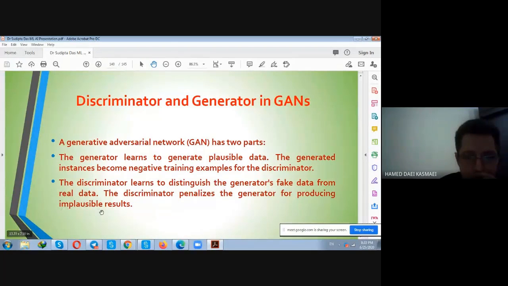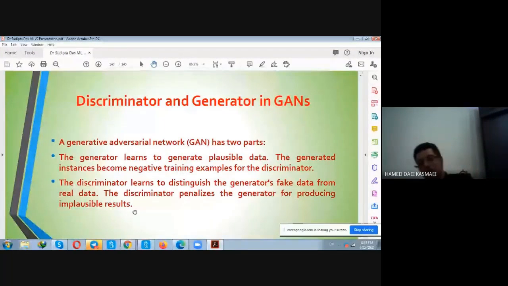The discriminator penalizes the generator for producing implausible results. So these parts, the discriminator and generator, are like guards together, trying to compete together, or trying to supervise together. If one part is trying to do wrong things, the other part applies a penalty against it in order to correct it.